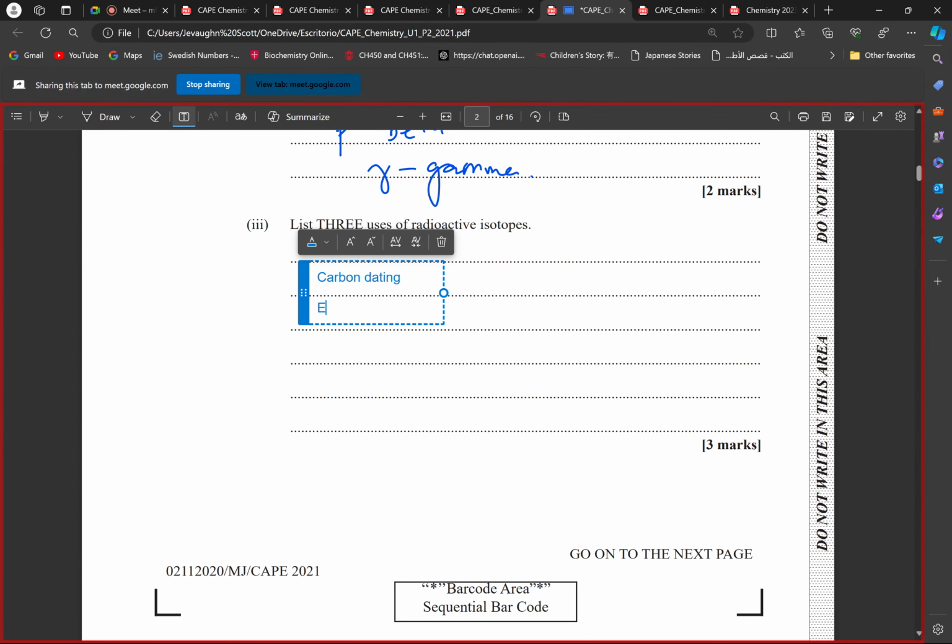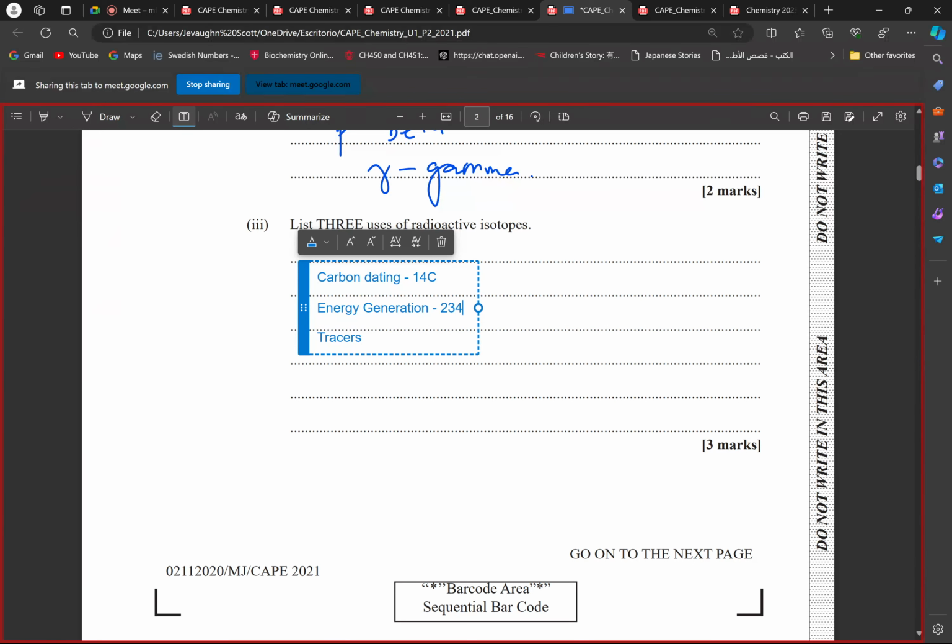Sir, go ahead. For this question, would we have to give an example and then explain it? Yes, give an example and a brief explanation, one sentence of what it does.